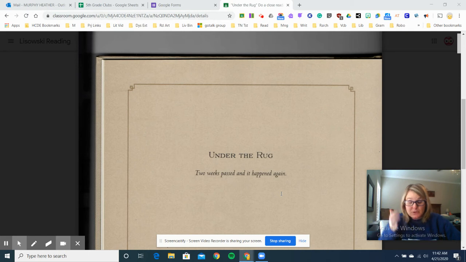Another thing that I asked you to do is think about how this text is organized. Now, I know we've talked a lot about nonfiction text structure, and I have that chart in the room that talks about cause and effect, problem and solution, things like that. That is for nonfiction. This story is a fictional story, so that's different.